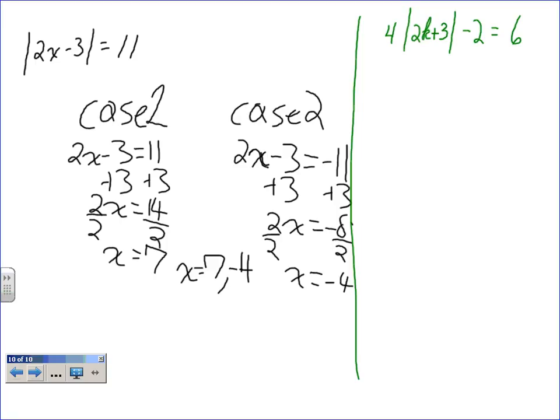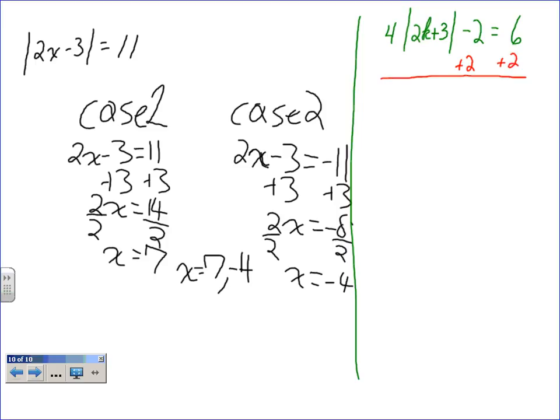It's a little bit different, but we cannot go to case 1 and case 2 just yet. So what we have to do in this case, we want the absolute value all by itself. So what I'm going to do is add 2 to both sides of the equal sign.